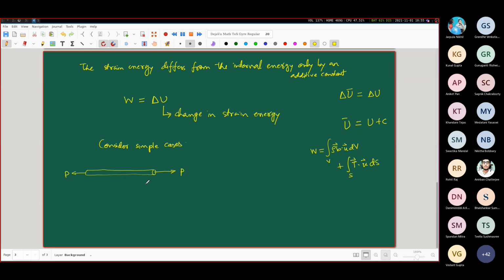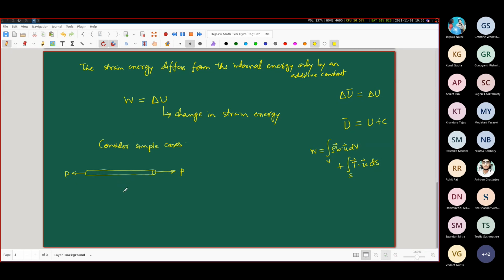Now this axial load is not exerted outright like P. Rather, we gradually increase the force from 0 to P. And when we do that, we want to find out the resultant change in the strain energy of this rather simple, straightforward mechanical system, which is just a simple rod.